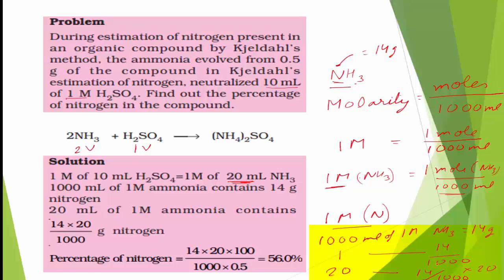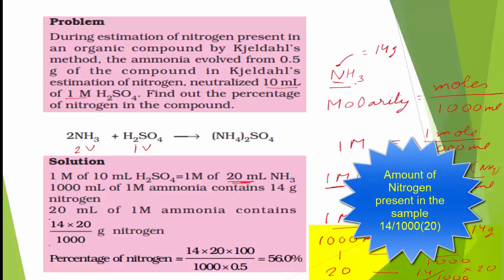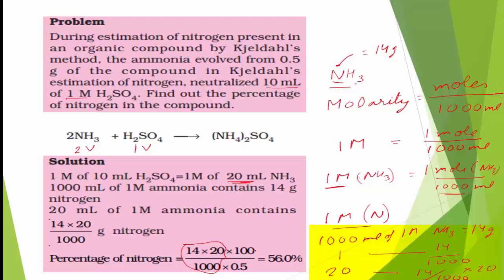This much is the amount of nitrogen present in the sample. Just divide that number by the amount of sample, multiply by 100 and you will get the percentage. So the final percentage is 56%. Clear? We are just using the basic techniques of the mole concept.